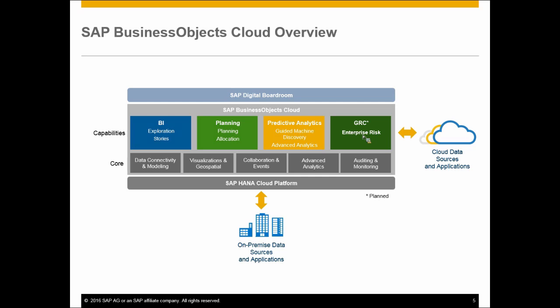These capabilities are all based on our core functionality, and in this core functionality we have very strong data connectivity and modeling capabilities, very strong visualization and geospatial capabilities, and I'll show you a few examples of stories that we have created in our cloud offering during the demo. I already touched upon collaboration, and of course predictive analytics is based on a strong advanced analytics core, and lastly we have also auditing and monitoring.